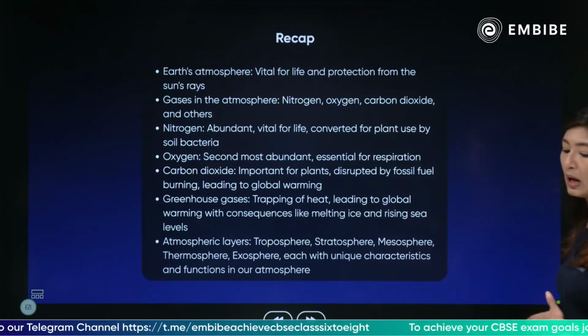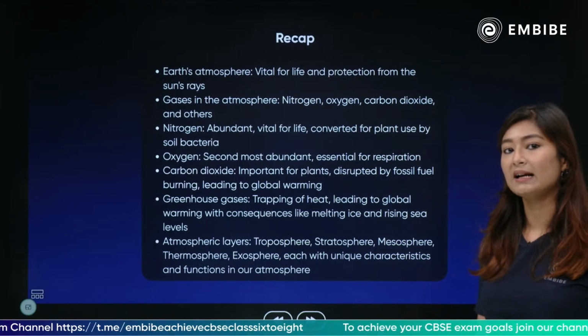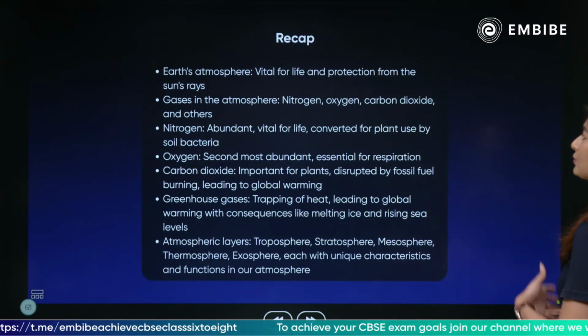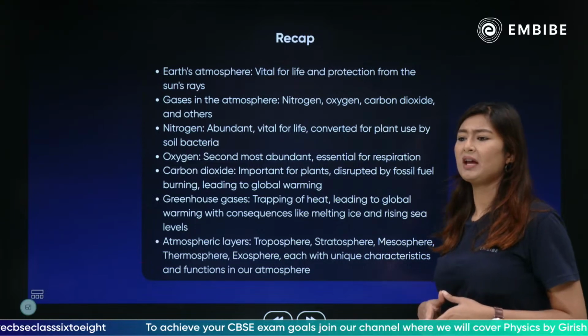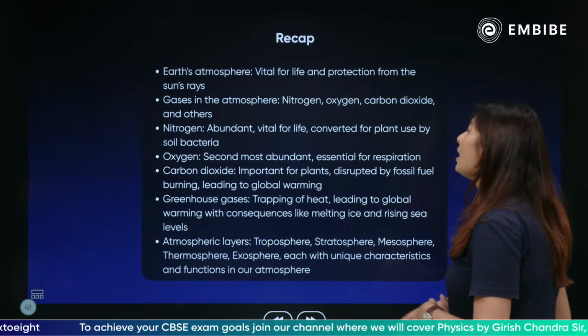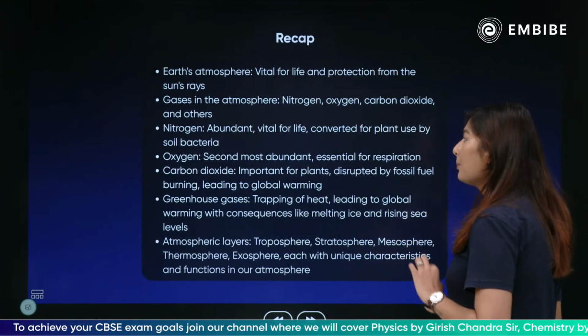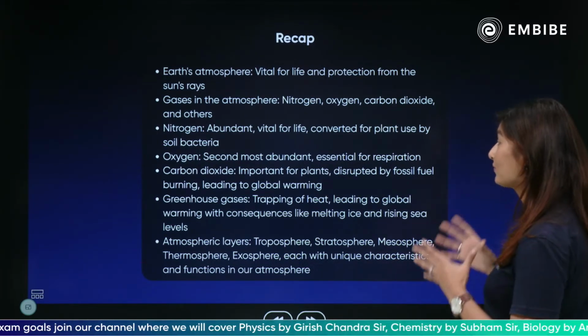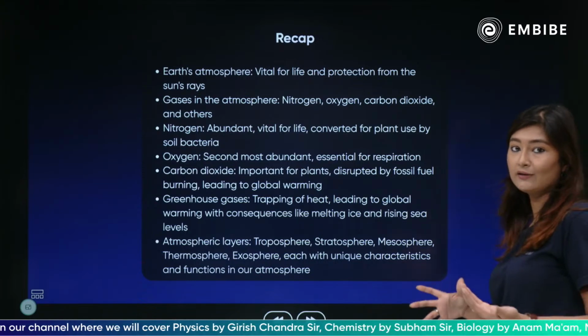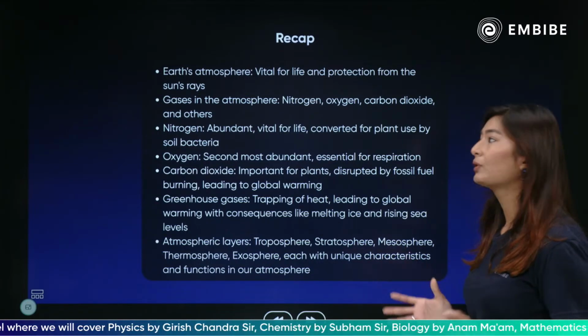Then we also spoke about the distribution of the gases in the air, which are nitrogen, oxygen, carbon dioxide and a few others like helium, argon, etc. Nitrogen is the most abundant one, almost 78%, which is also important for life, primarily for the lives of the plants.